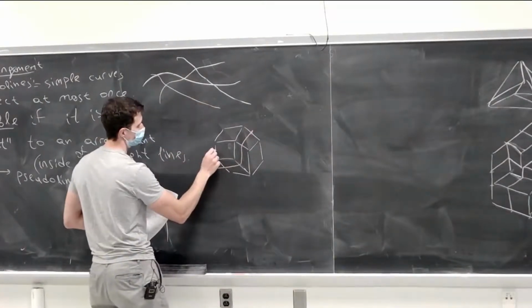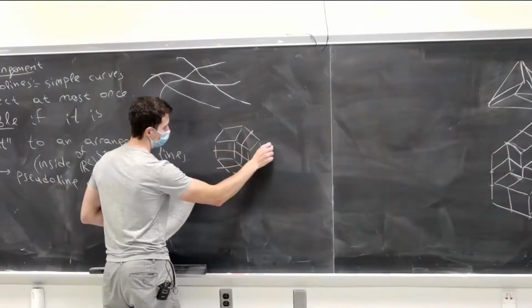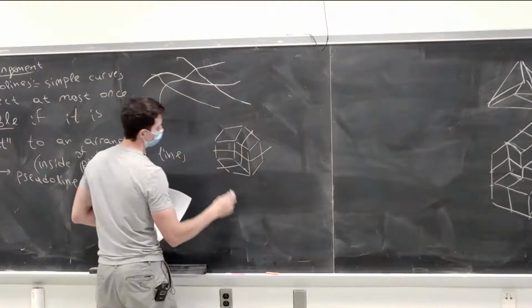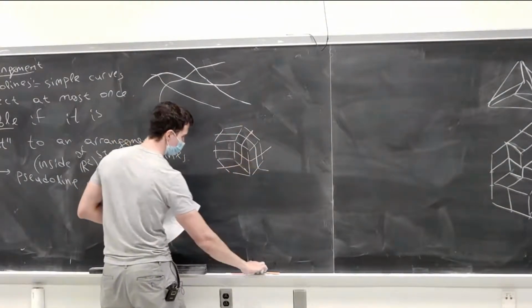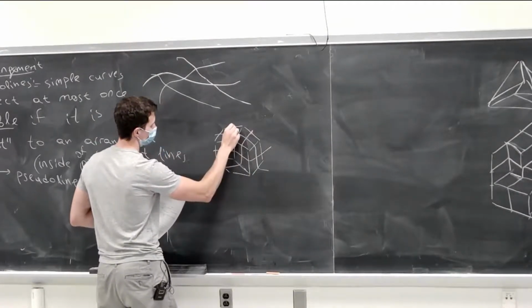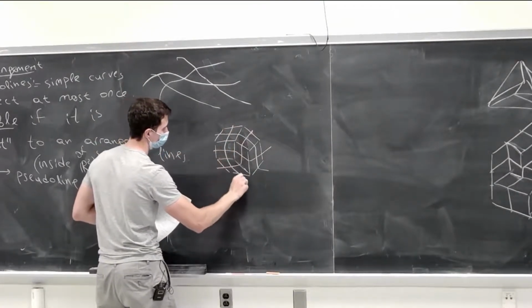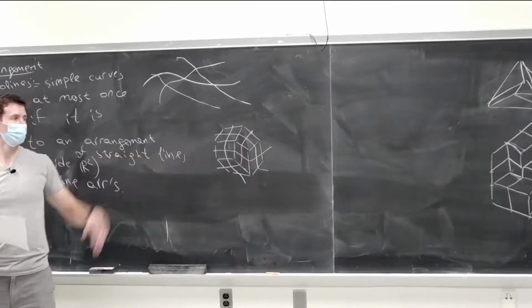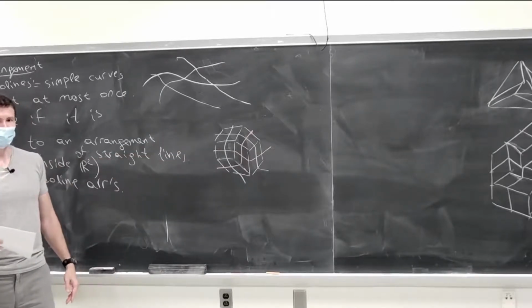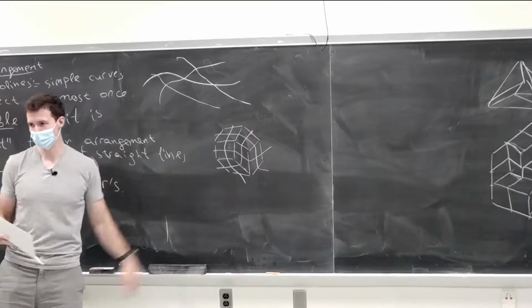And here I start here, and then I get another pseudoline. And I start here, and I get another pseudoline. Finally, I start here, and I get one more pseudoline. So I get a pseudoline arrangement of 4 pseudolines. Is it stretchable or not?